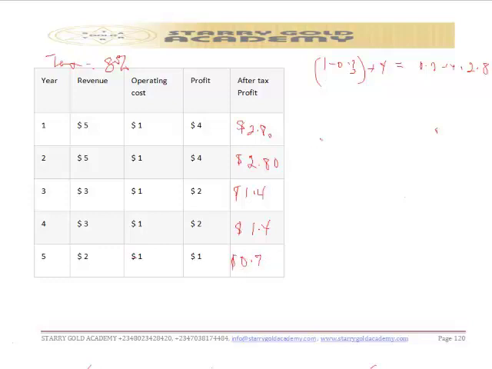So this is what we now use to determine whether a project is worthwhile or not. So it is now you apply your discount cash flow and you find out your net present value, or you find out your present value. So that is how tax affects cash flow.